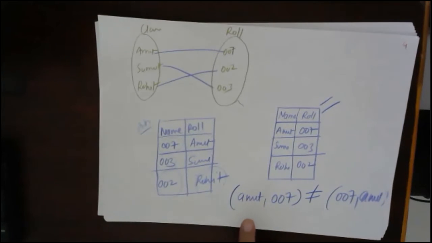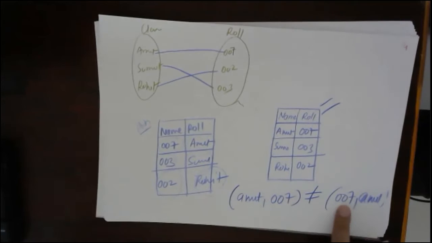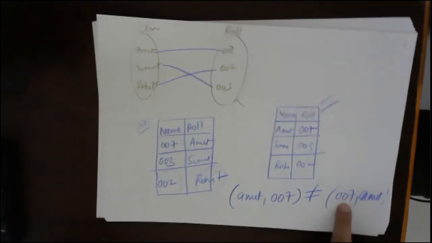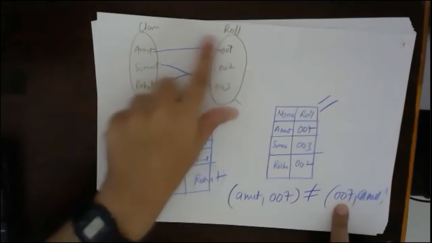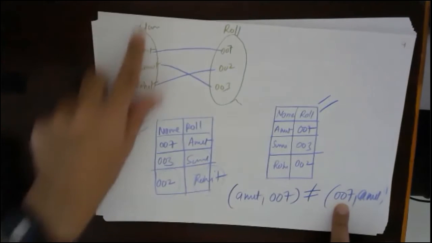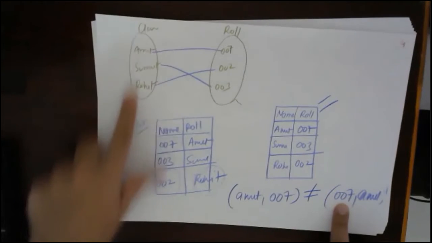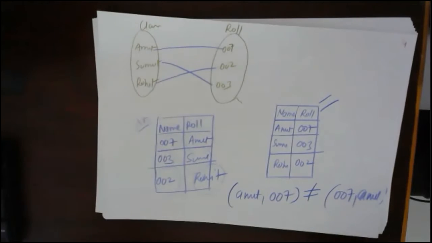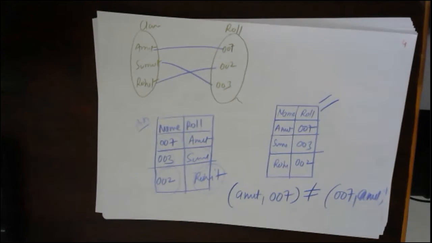This is the name. The second thing is the roll number. This now becomes name, but 007 is not contained in the name set. Understood what the mistake is? Why are we calling it an ordered pair? Everybody understood? Yes or no?